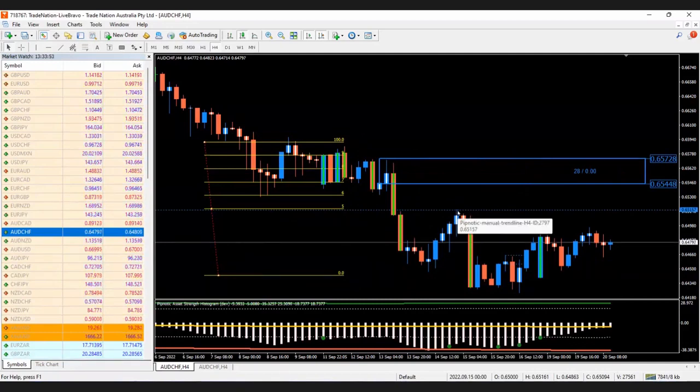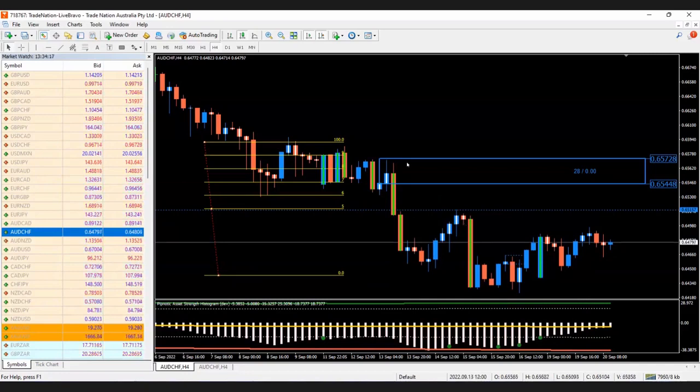I got a trade on, which one was it? I think it was, I can't remember. It was 2 days ago, and I wasn't in front of my computer to manage it. I couldn't manage it, and price revisited this. It almost got to the target, and then it turned around and stopped me out.